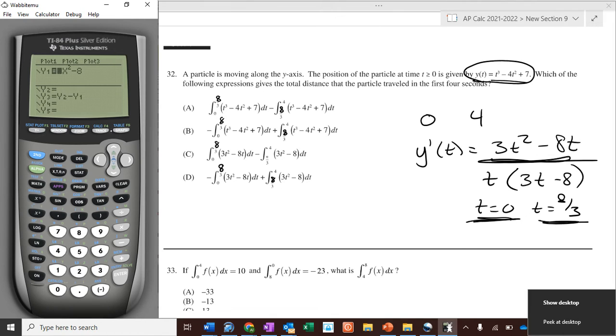Let's look at the original function again, because I think that's what I wanted. So it's x raised to the third minus 4x squared plus 7.